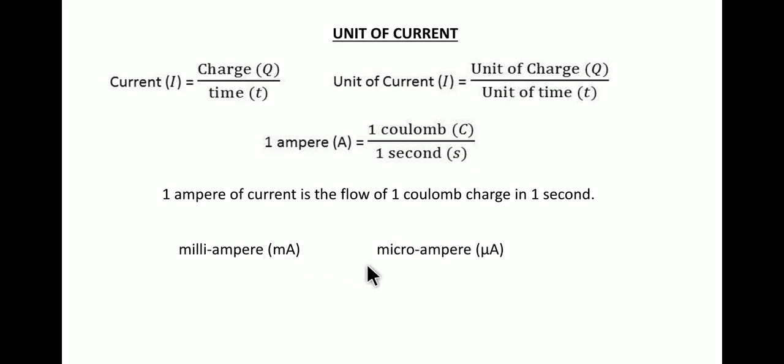We also have microampere, written as mu, capital A. Milliampere is the 1000th part of 1 ampere, so 1 milliampere is equal to 10 to the power minus 3 ampere. Similarly, 1 microampere is equal to 10 to the power minus 6 ampere. These milliampere and microampere are smaller units of ampere, which measure very weak current.